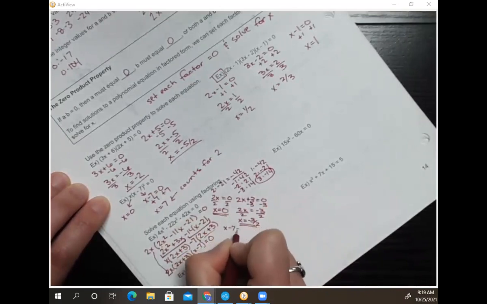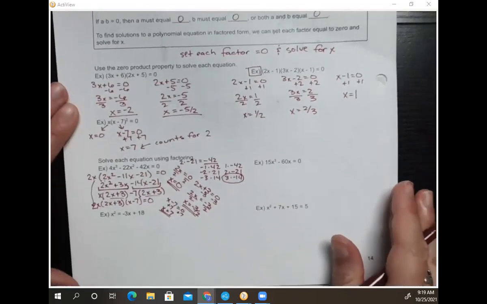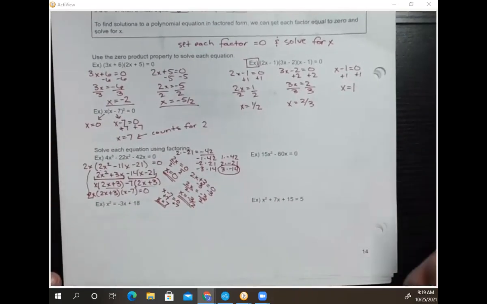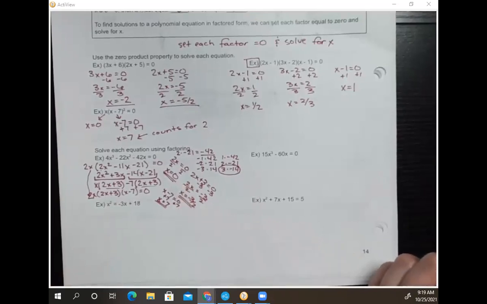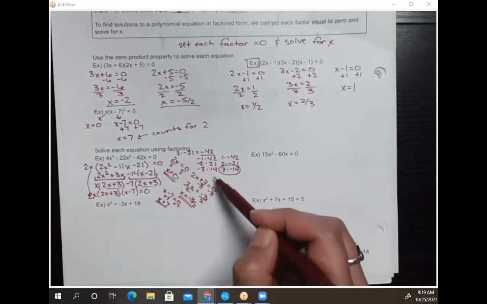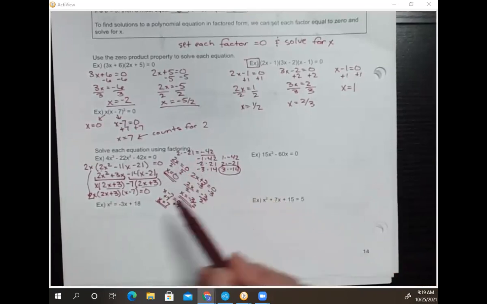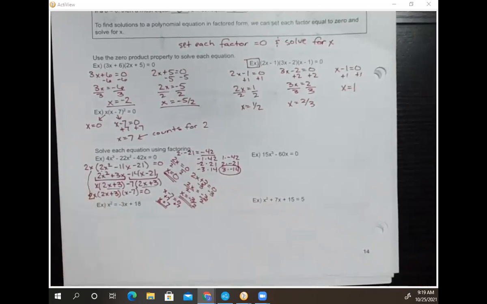And then finally, x minus 7 set equal to 0 gives me a solution of 7. So I get x equals 0, x equals negative 3 over 2, and x equals 7. So here was the new part where we're solving, but all the factoring stuff we've done before.